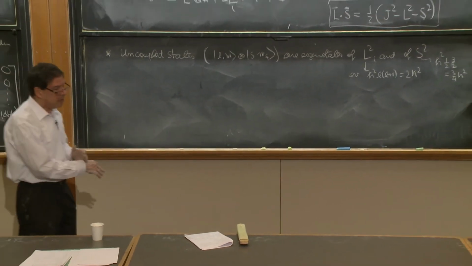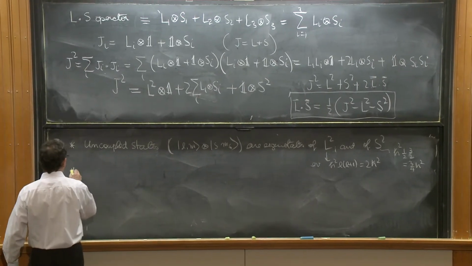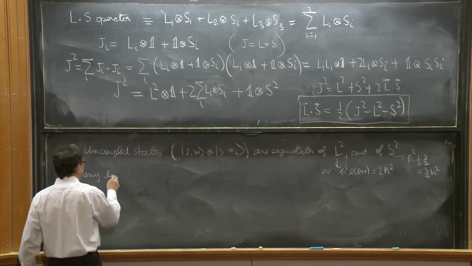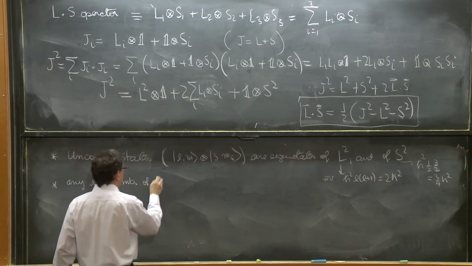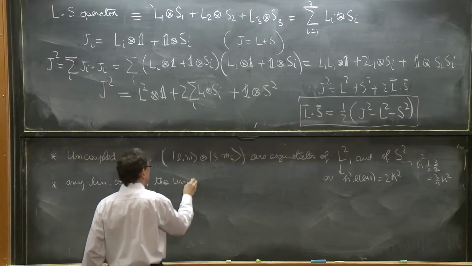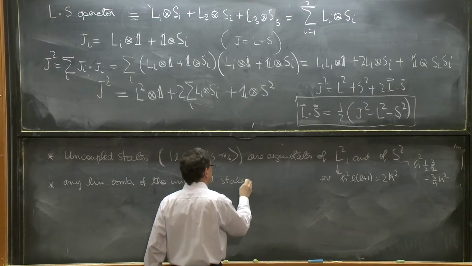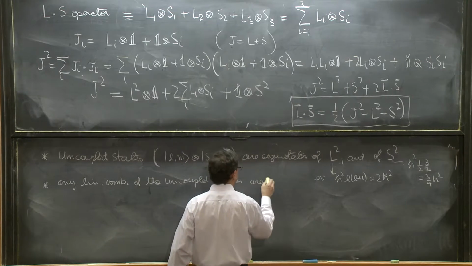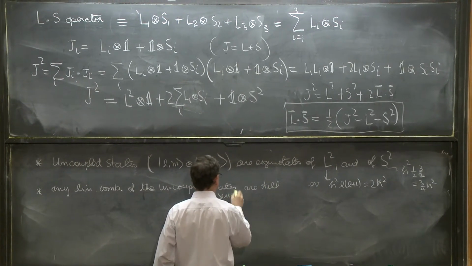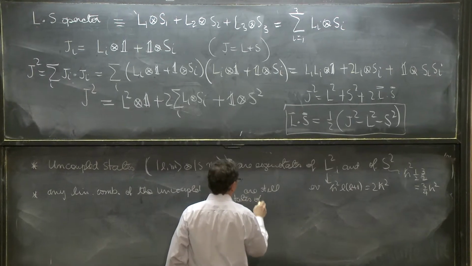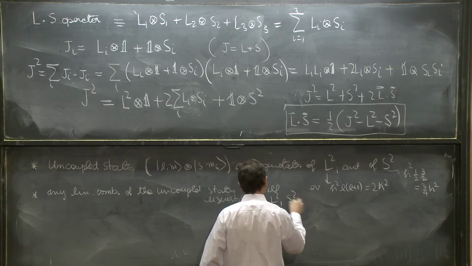So any linear combination of these uncoupled states is still an eigenstate of L squared and S squared.